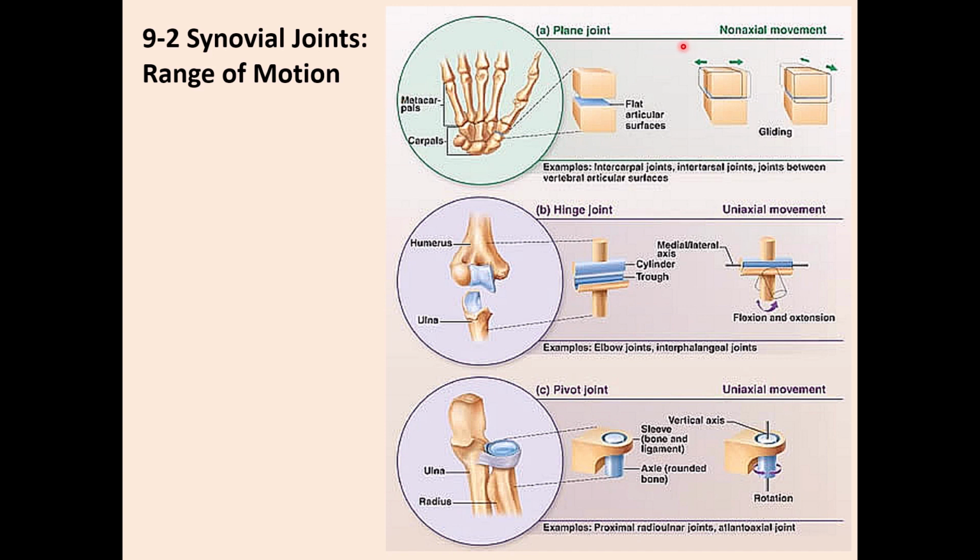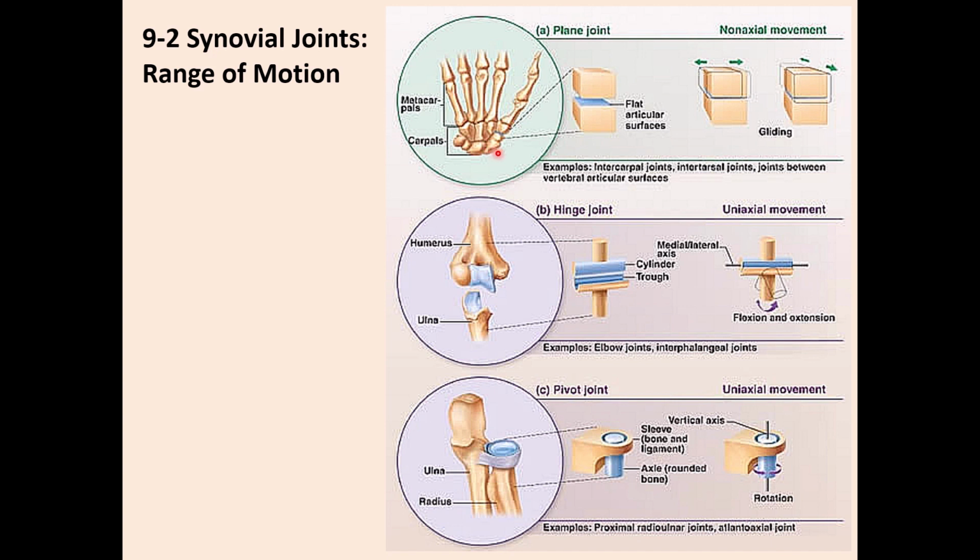So the first one is called non-axial, and the non-axial joints are called plane joints. It means that they are just gliding or sliding on top of each other without any specific axis. Very good examples are the bones here in the wrist and ankle, so intercarpal and intertarsal joints, and also the joints between the vertebrae.